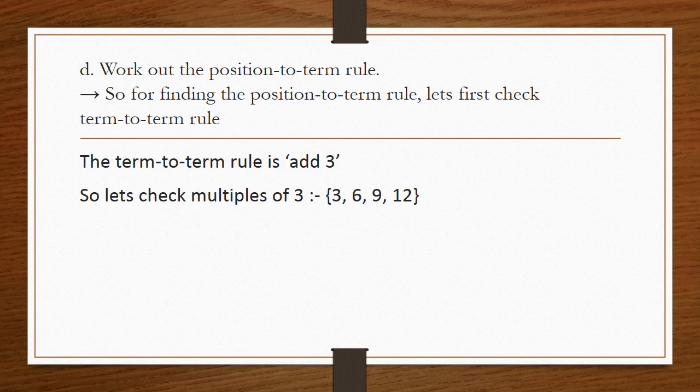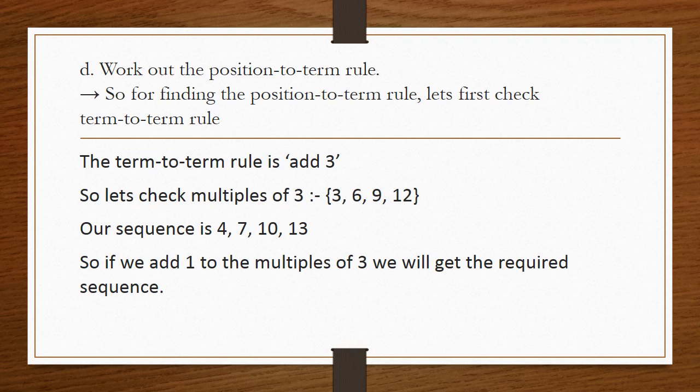Now add 3 means we will check the multiples of 3. What are the multiples of 3? That is 3, 6, 9 and 12. These are the multiples of 3. And our original sequence is 4, 7, 10, 13.